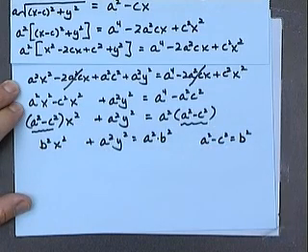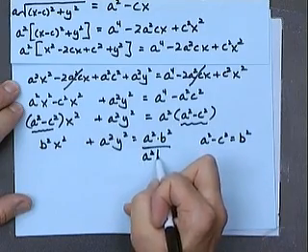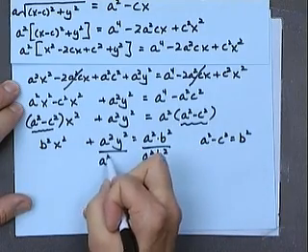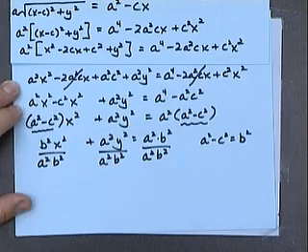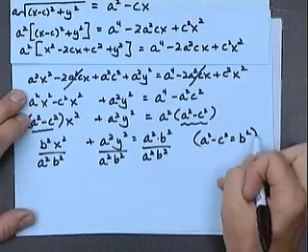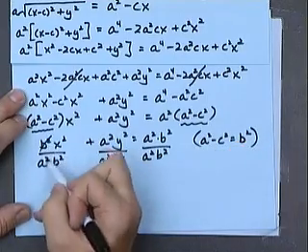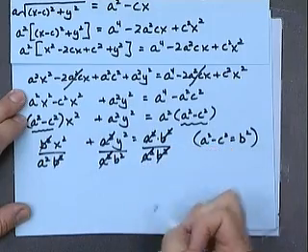Divide all the way through the equation by a squared b squared. And if we divide every term by a squared b squared, b squareds are gone, a squareds are gone, a squared, b squared are gone.